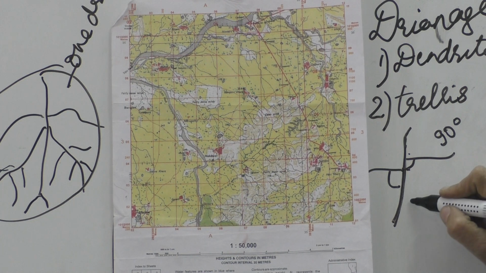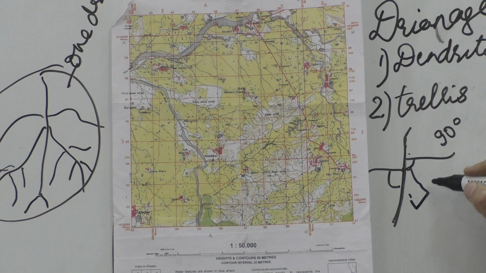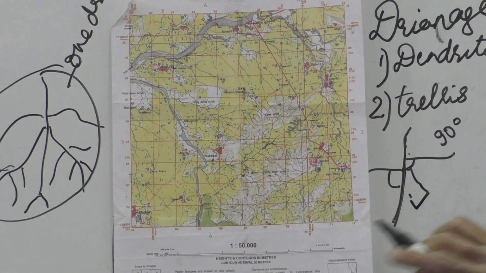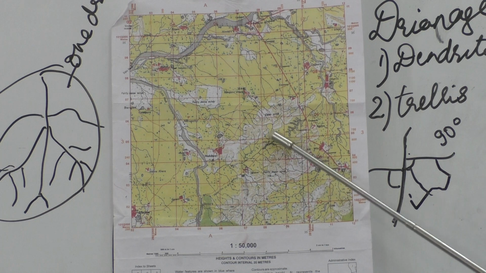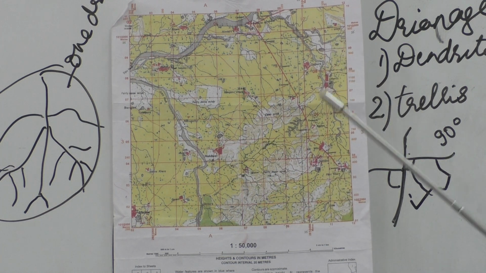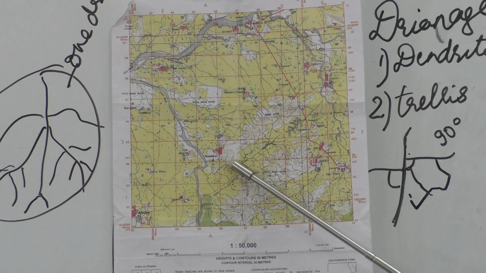It is like this, like this, and you can see further it is like this. So you can see the 90. Look at this main river, the tributary meeting the main river at 90 degrees. So it's called the trellis pattern.